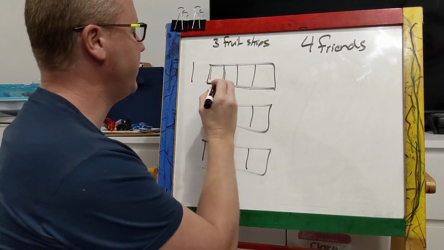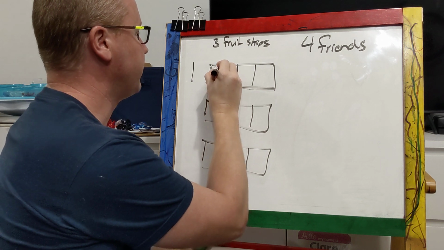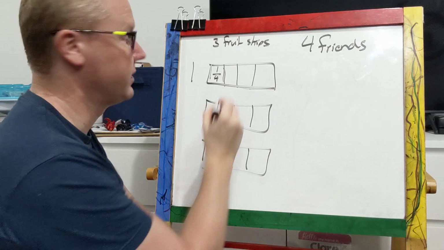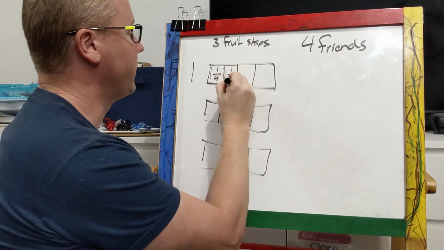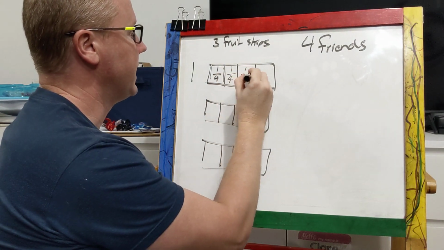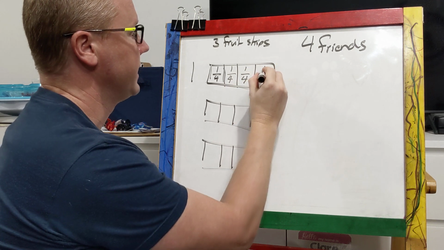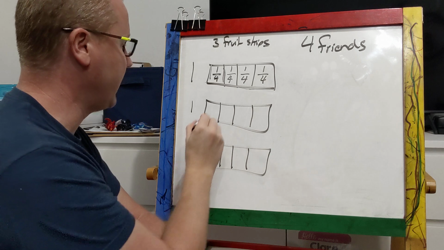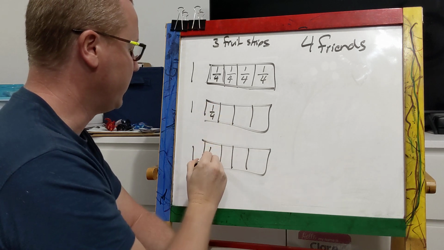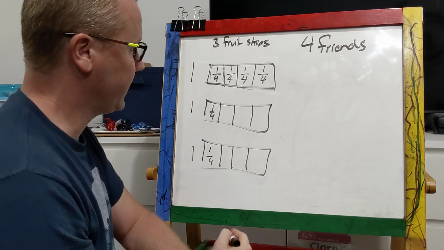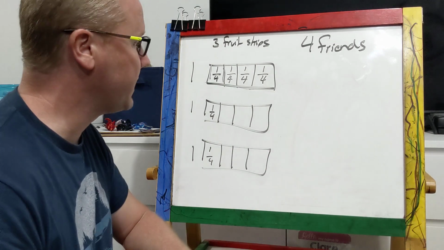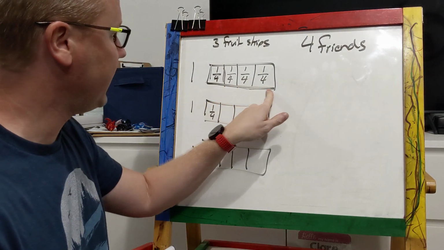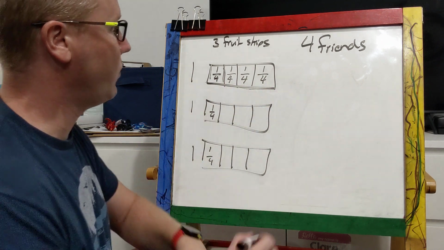When I break it up into 4 chunks, I have 1 out of the 4 right here, or 1/4. 1 out of the 4 right here, and 1 out of the 4 right here, and I do the same thing for every strip. 1/4, 1/4, all the way across. These are all 1/4. When all the pieces are together, it's equal to 1.